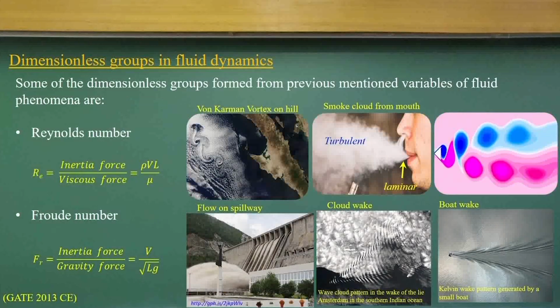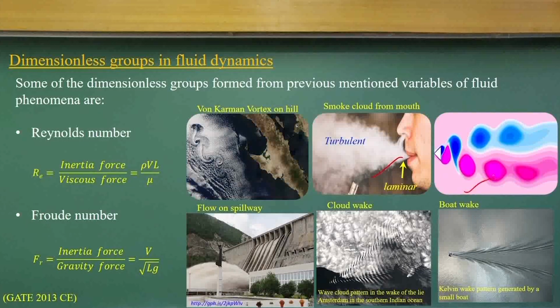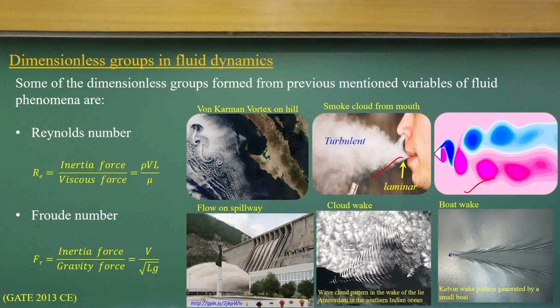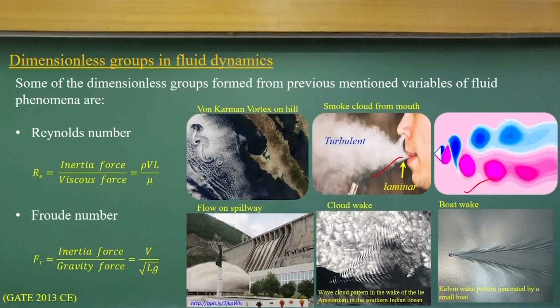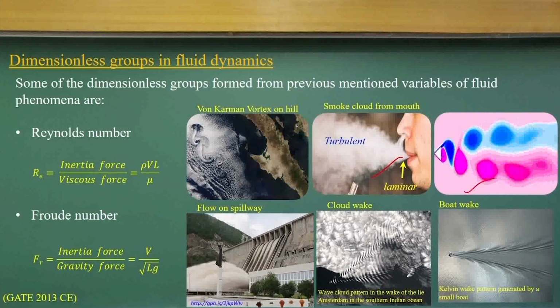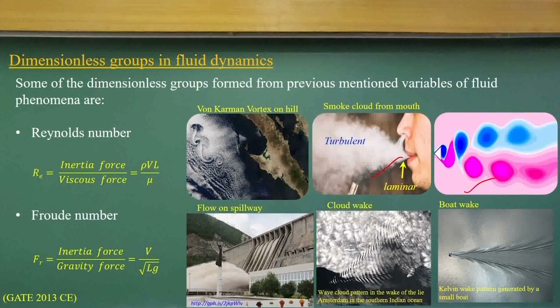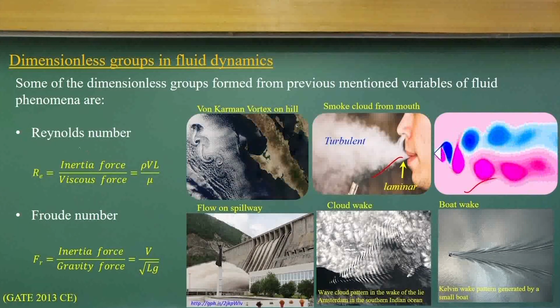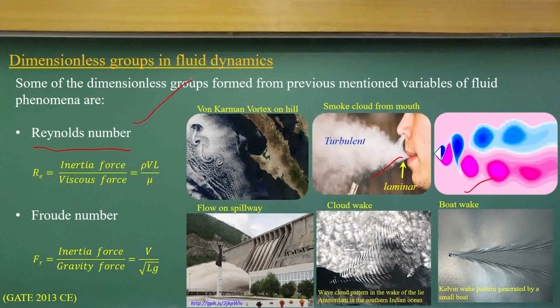For example, take the laminar to turbulent flow, like this case, which I discussed in the first class, showing the vortex shedding and all. Two forces dominate here. One is the inertia force, the momentum flux, and the other is the viscous component. The ratio of these two forces is the Reynolds number.